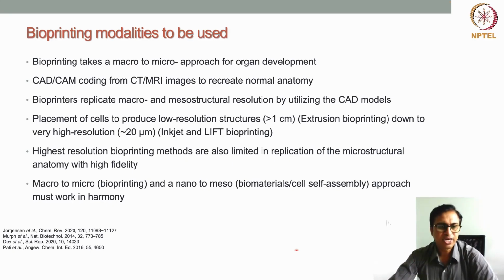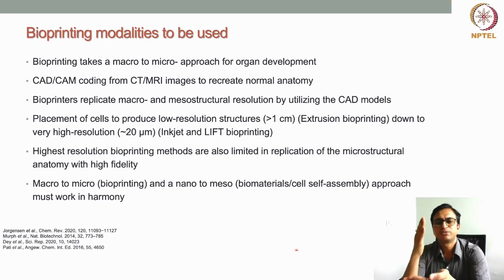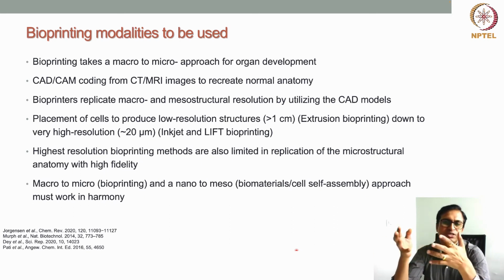So the 3D image data from CT or MRI that is available in DICOM format, we convert into STL format in CAD, and that STL data can be used directly for bioprinting of that particular tissue structure. There, the microstructure resolution can be preserved, and we can use those for recreating or reproducing the microstructure of the particular tissue or organ.